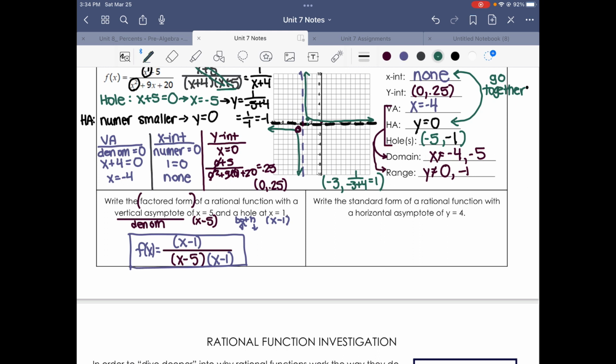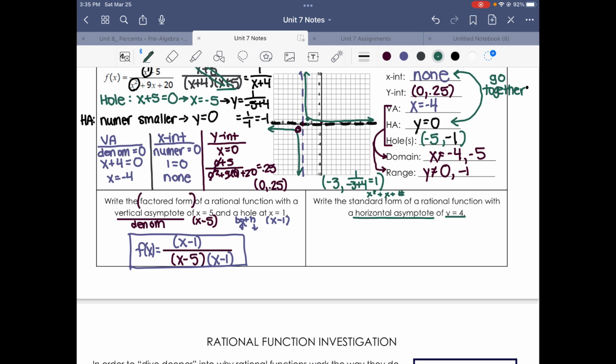The last one asks us for the standard form. That's the one that's like x squared plus x plus a number or something like that. And the only information that it gives us is that it has a horizontal asymptote of y equals 4.